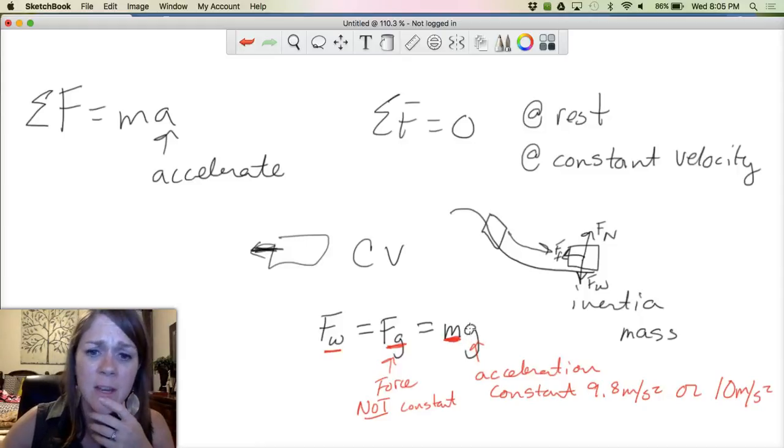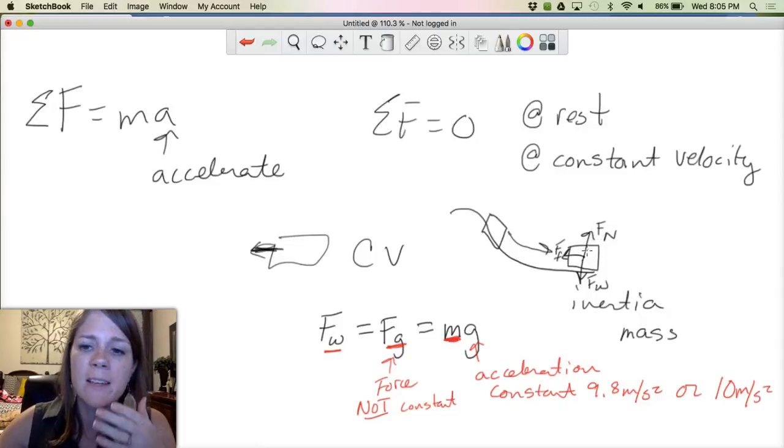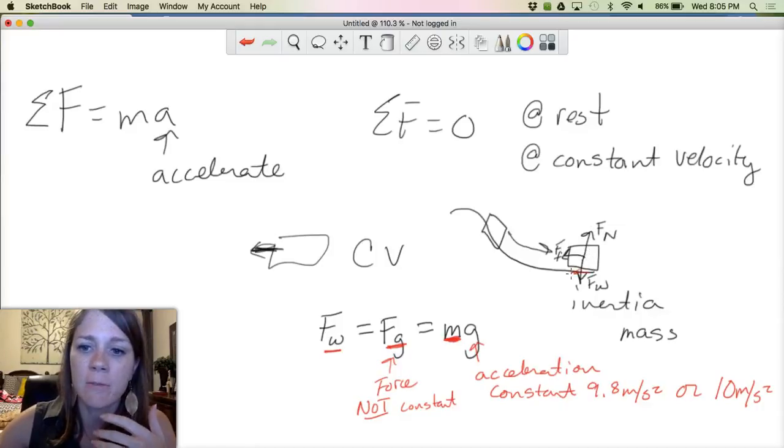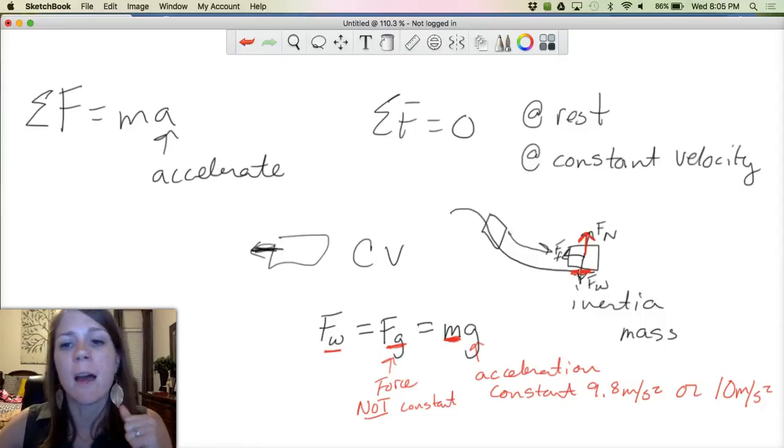Now, a lot of times the force of gravity is equal and opposite to this normal force. The normal force by definition is a force that is perpendicular to something, and in this case, it's going to be the surface. So the normal force will always be perpendicular to the surface. If I have two surfaces touching, there will be a normal force there, and this force is going to go straight up, perpendicular to that surface.